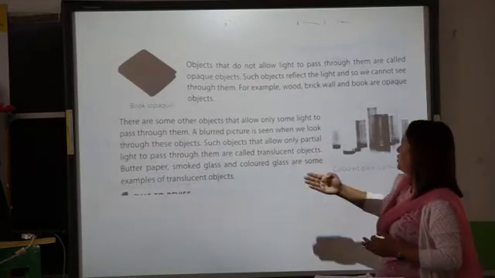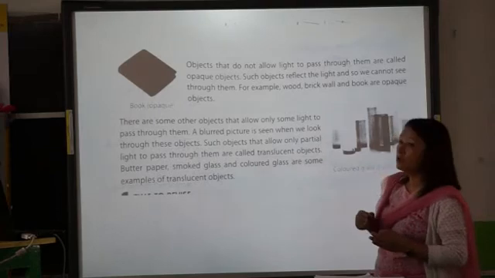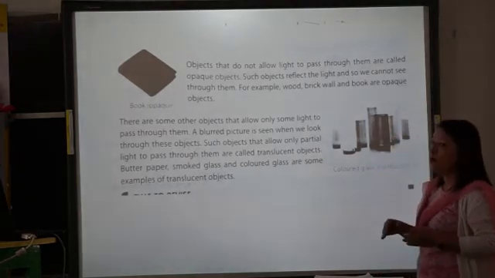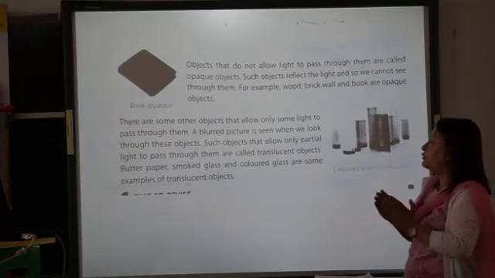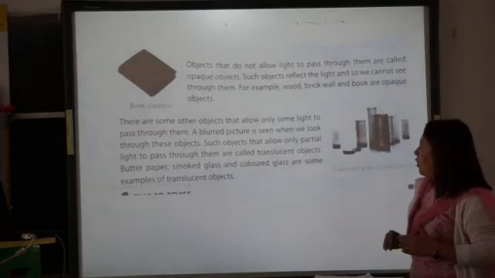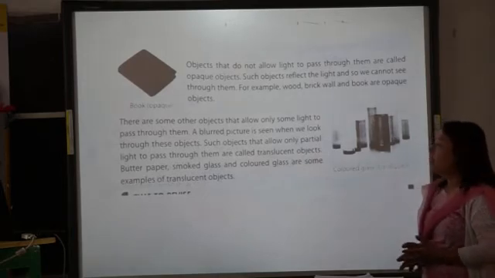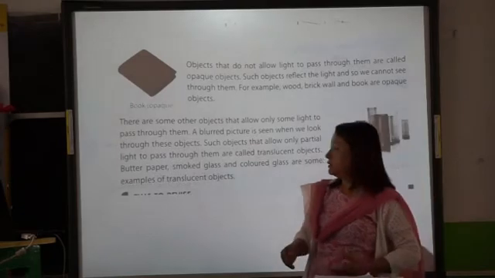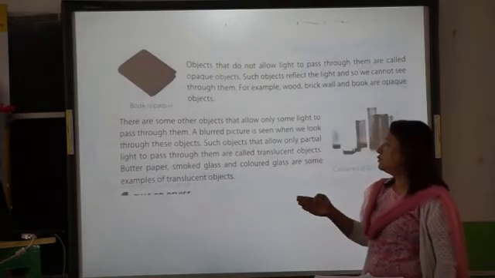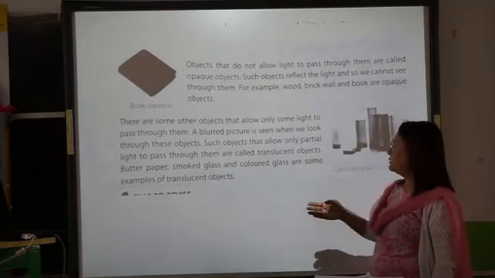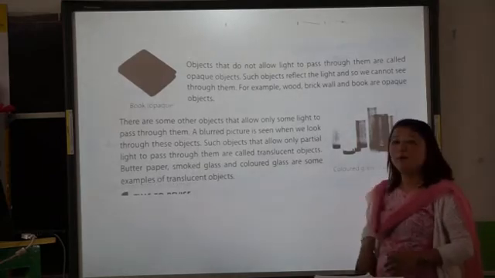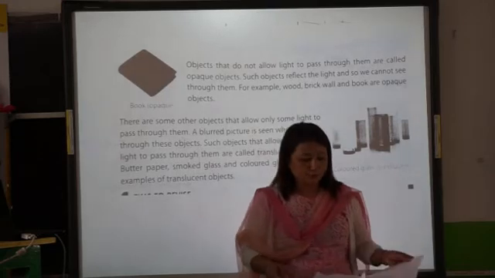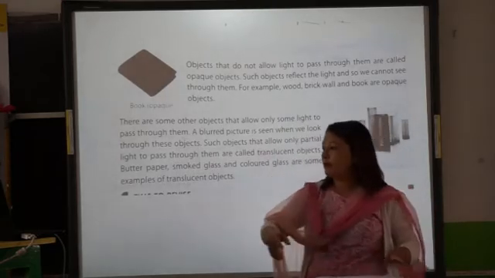A blurred picture is seen when we look through these objects. Such objects that allow only partial light to pass through them are called translucent objects. Examples of translucent objects are butter paper, smoke glass and colored glass.